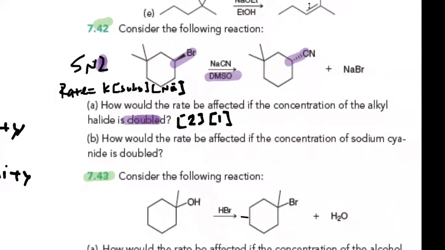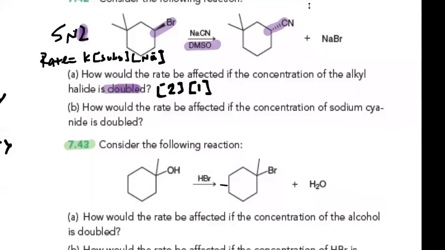What about the second question? How will the rate be affected if the concentration of the nucleophile, sodium cyanide, is doubled?